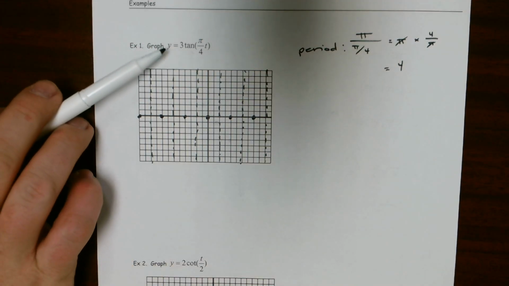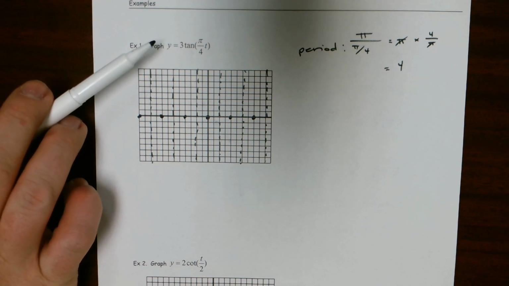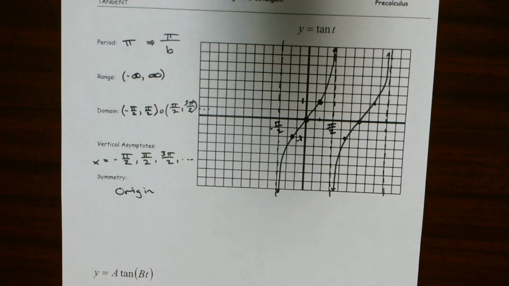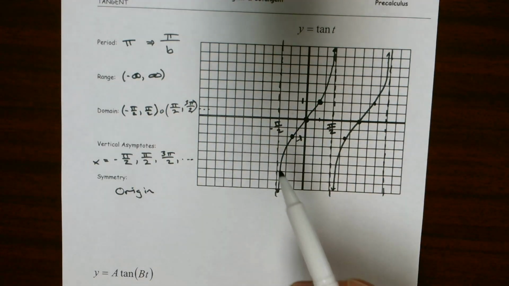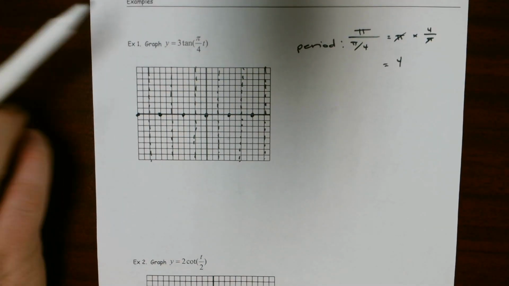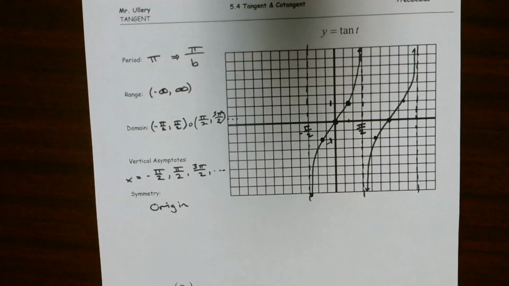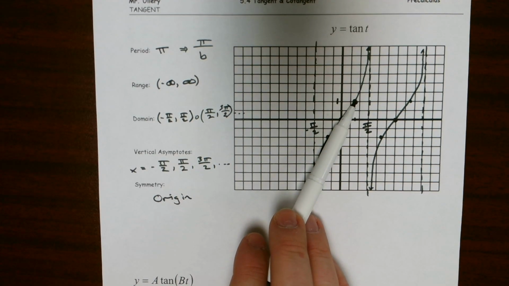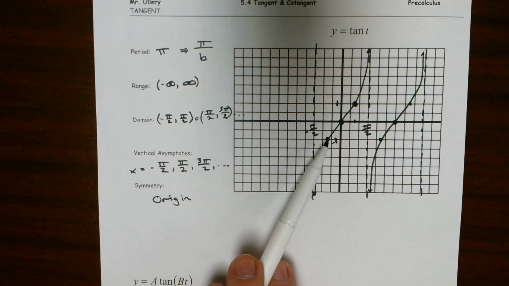Now, with a tangent graph, we have a vertical stretch right here. Now, a tangent graph is not a wave. So it does not have an amplitude. It does not oscillate like the sine and cosine graph. It does not have an amplitude, but the vertical stretch affects it in the same way. This 3 is going to affect it in the same way. So where we had a point at 1 is now in our new tangent graph going to be at 3. And where we had a point at -1 is now going to be at -3.